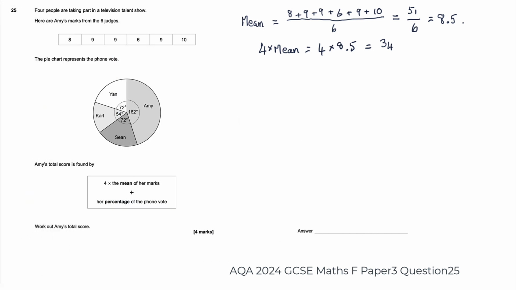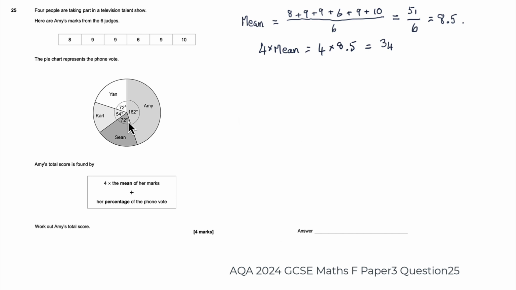Well, we have to find out her percentage of the phone vote. Now, you'll notice that her slice of the cake is 162 degrees. And all the angles around this point in the centre will add up to 360 degrees. That's a complete turn around that point.